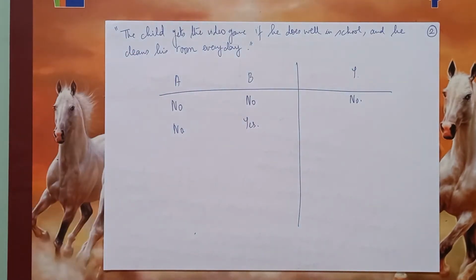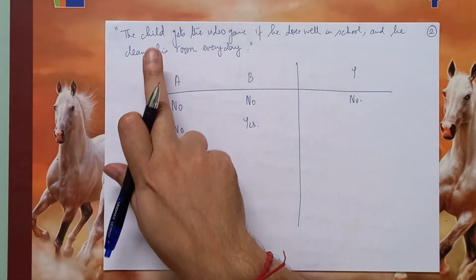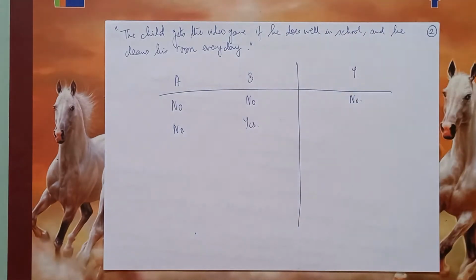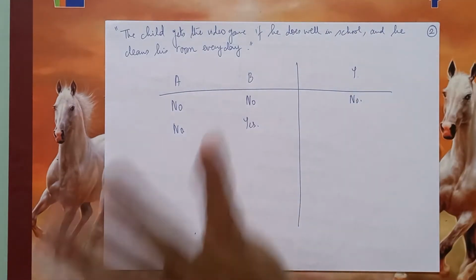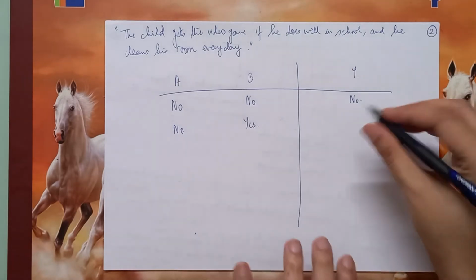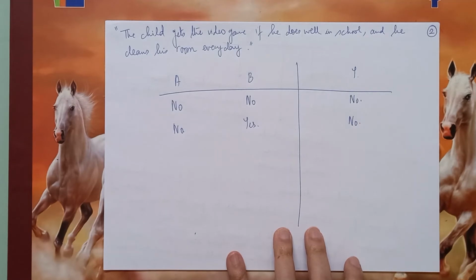Then what happens? Well, the condition is very clear. The parents have said that the child gets the video game if he does well in school and he cleans his room every day. So clearly, they want both tasks to be satisfied. So therefore, the child will not get the video game in this case.